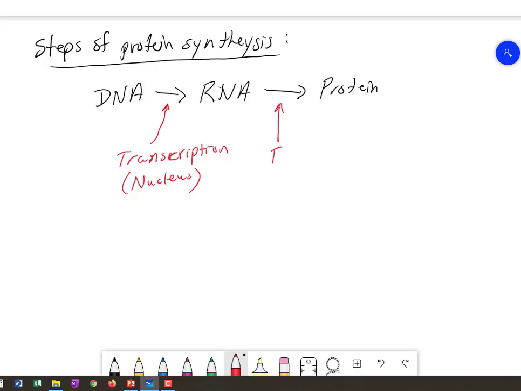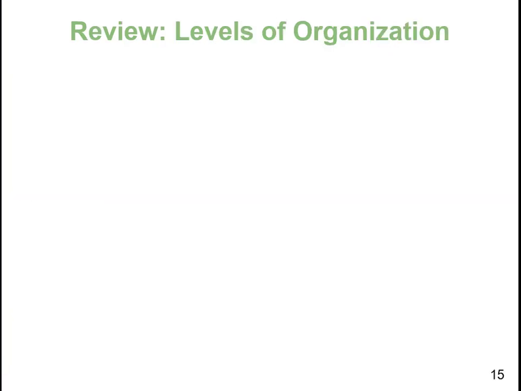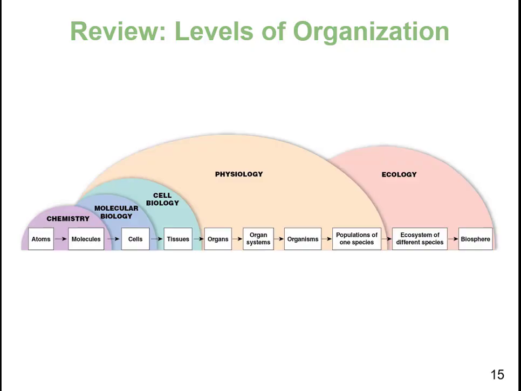And the second step here is called translation, and translation takes place in the cytoplasm. And I know I didn't cover this when I covered the cell, but cytoplasm is the fluid within the cell that all the organelles basically float around in. All right, so I warned you there was going to be a lot of review here, so you can see there is quite a bit of review.